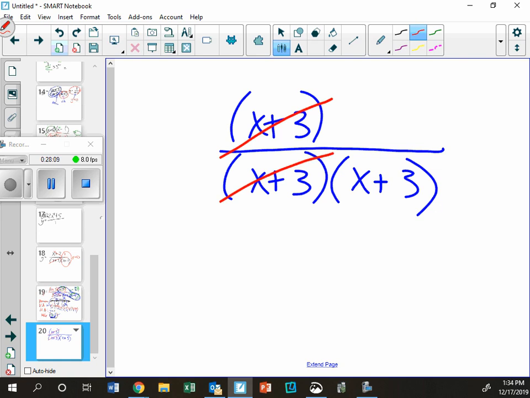So only one of them got canceled, and so I could see one kid going, -3 was the hole. And another kid going, no, -3 is the asymptote, because see, that was the hole, and what's left over, those are the asymptotes. So I could see a good argument for both. Can it be both? No. If you look at a graph, you're only either going to see the hole, or you're going to see an asymptote. And what did I just tell you was the most powerful thing of all? The hole. All right, so the hole wins.